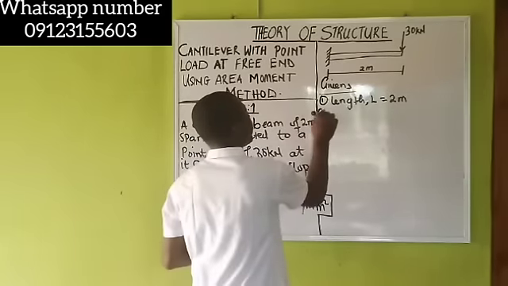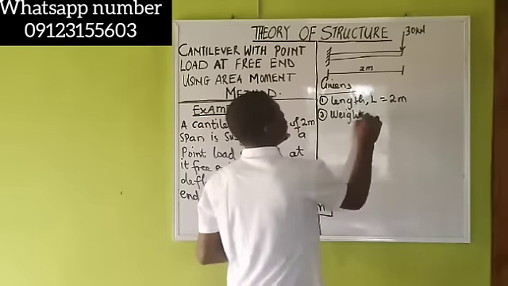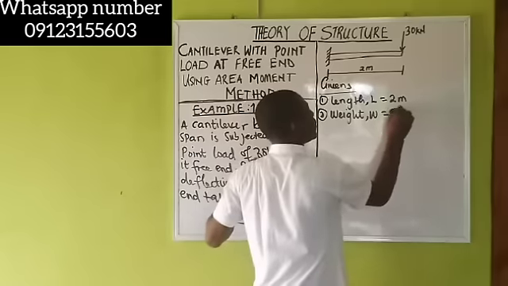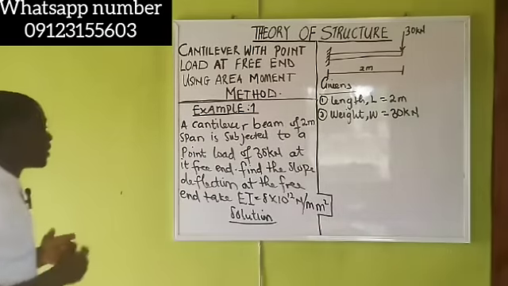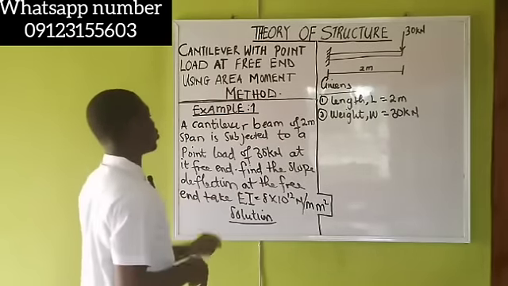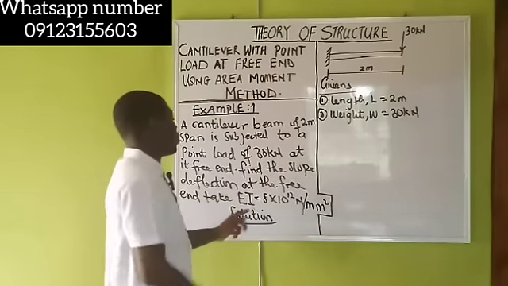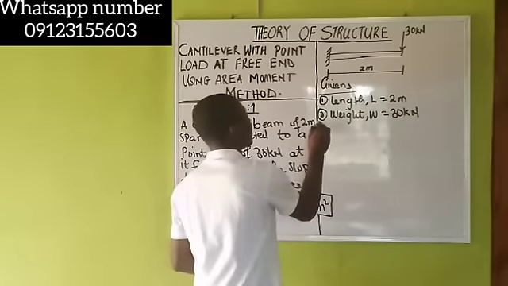Next up, I'm given the weight, W, to be 30 kilonewton. Alright, at its free end, find the slope and deflection. Find the slope, number 3, slope.